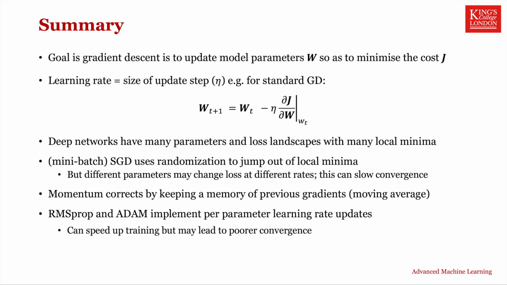Momentum helps address this by instead estimating updates from a moving average of previous ones. This can help to cancel out partials which are oscillating so as to speed up convergence. Further speedups can also be achieved by using adaptive learning rate methods such as RMSProp and ADAM. These are effectively performing per parameter learning rate annealing, where ADAM is specifically seeking to combine the best of both worlds, merging RMSProp and momentum.